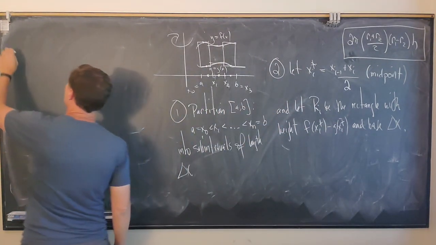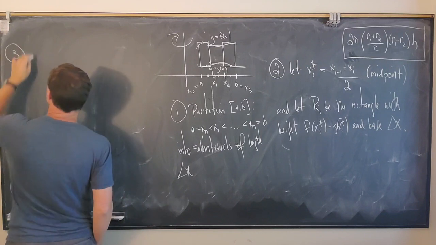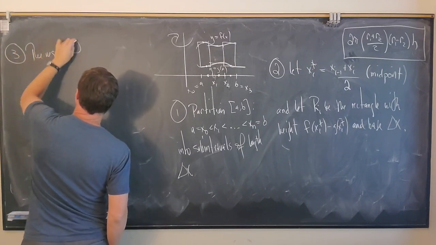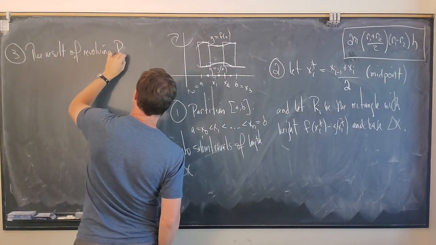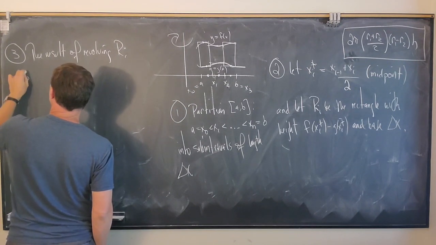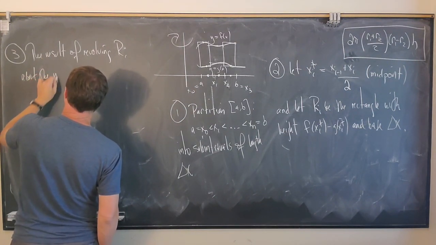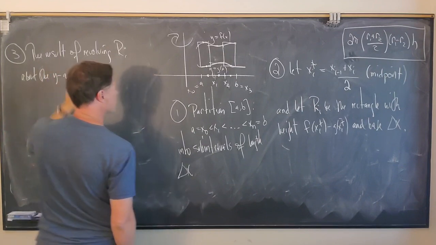Now what I'm going to do is I'm going to revolve each of those rectangles about the y-axis. So the result of revolving r sub i about the y-axis is, well, it's going to be a cylindrical shell.